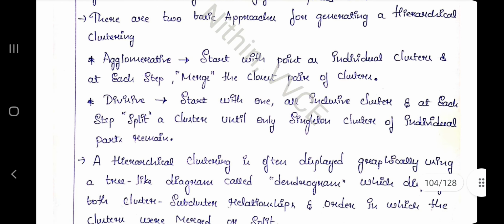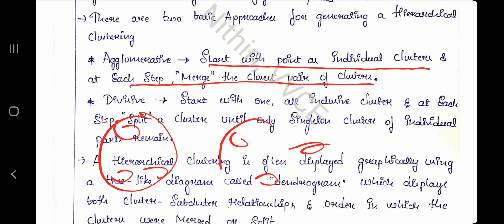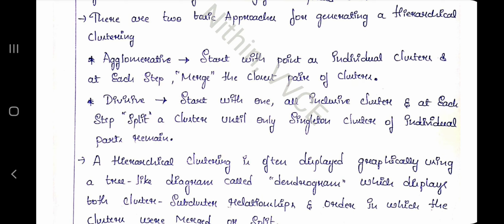In agglomerative, you start with the points as individual clusters, and at each step merge the closest pair of clusters. You start with this many clusters, and as you can see, these can be merged together and these can be merged together. That's all agglomerative is: merging. And hierarchical means divisive, dividing into different tree structures.